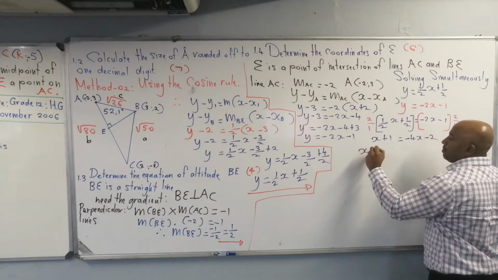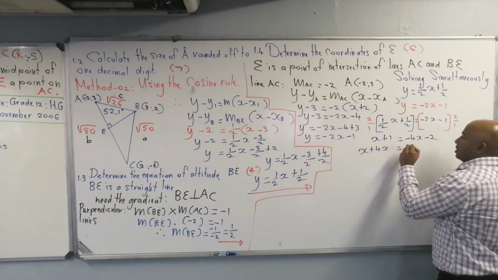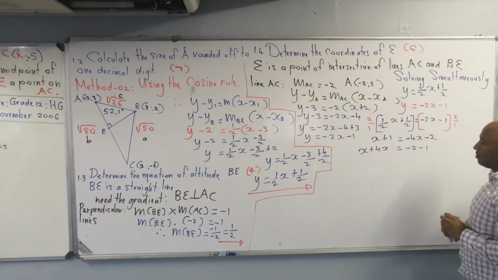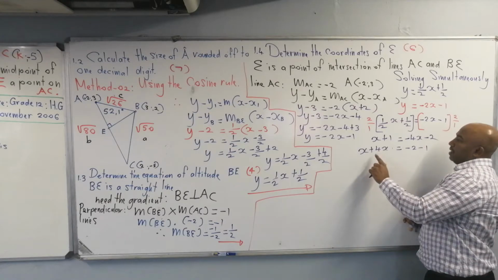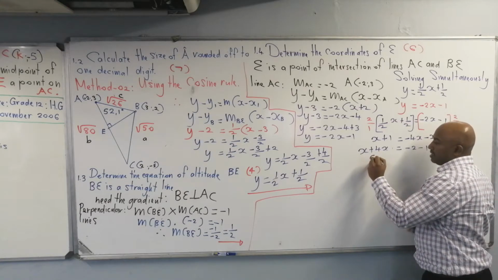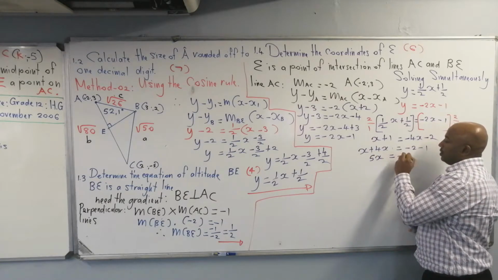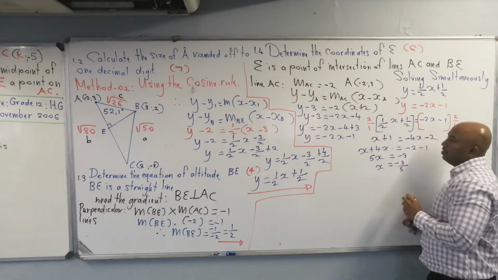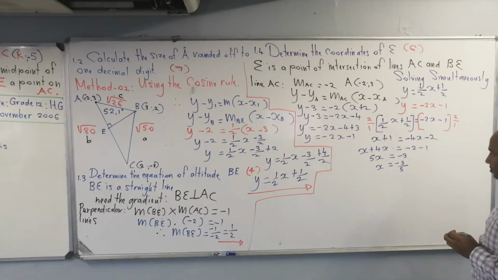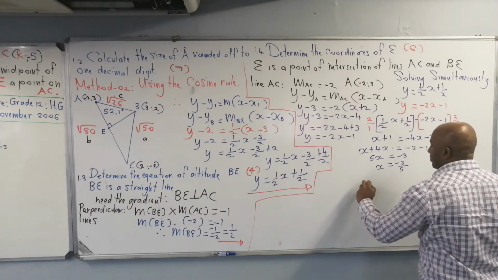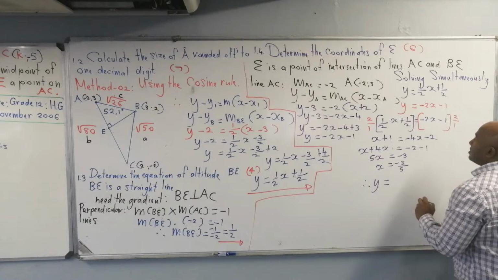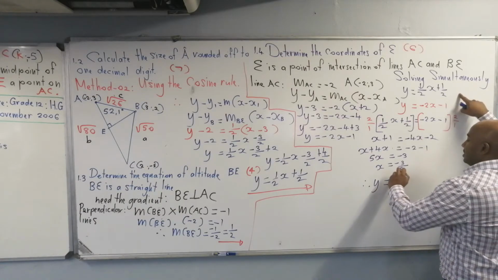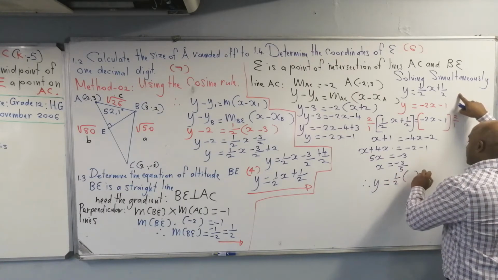So I'm going to get x plus 4x is equal to minus 2 minus 1. So we got x plus 4x, which is 5x, is equal to minus 3, so x is equal to minus 3 over 5. So therefore, y must equal, substitute into any one of the original equations, and let's see what we get.